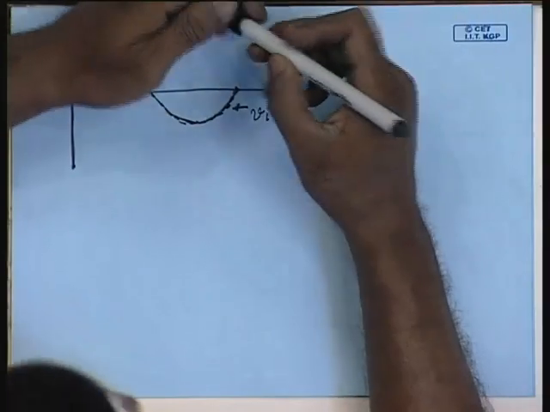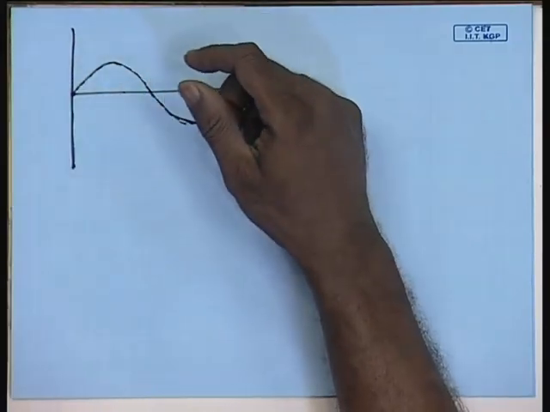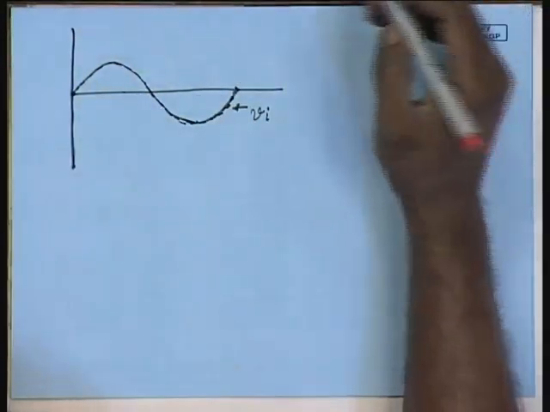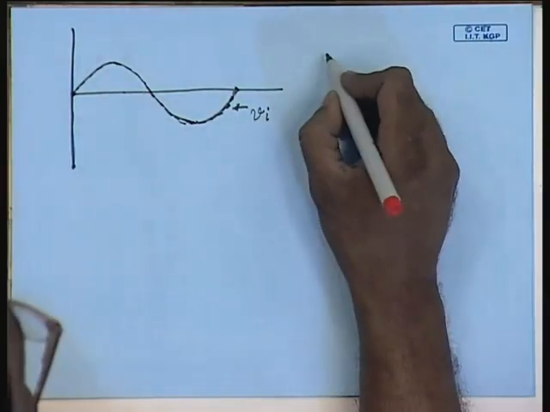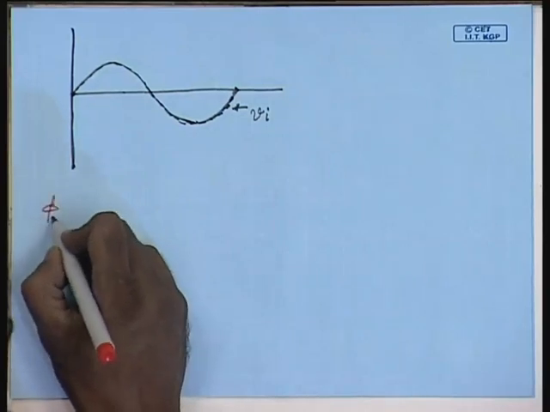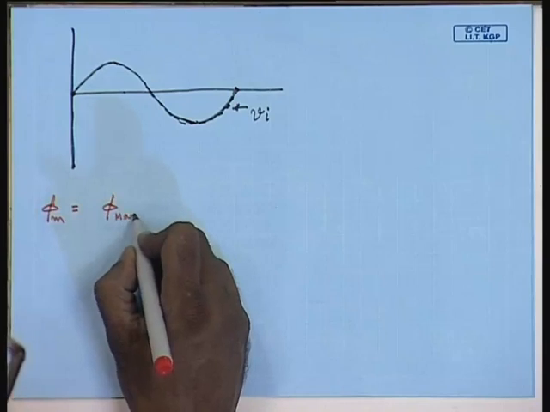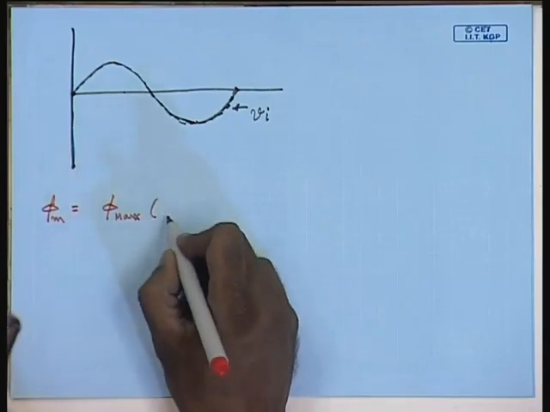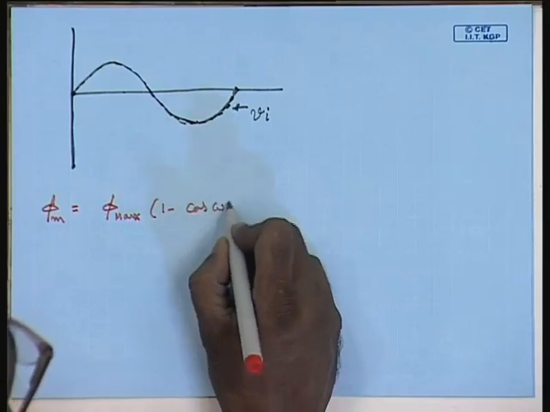Then the flux waveform phi m is of the form phi max into 1 minus cos omega t.